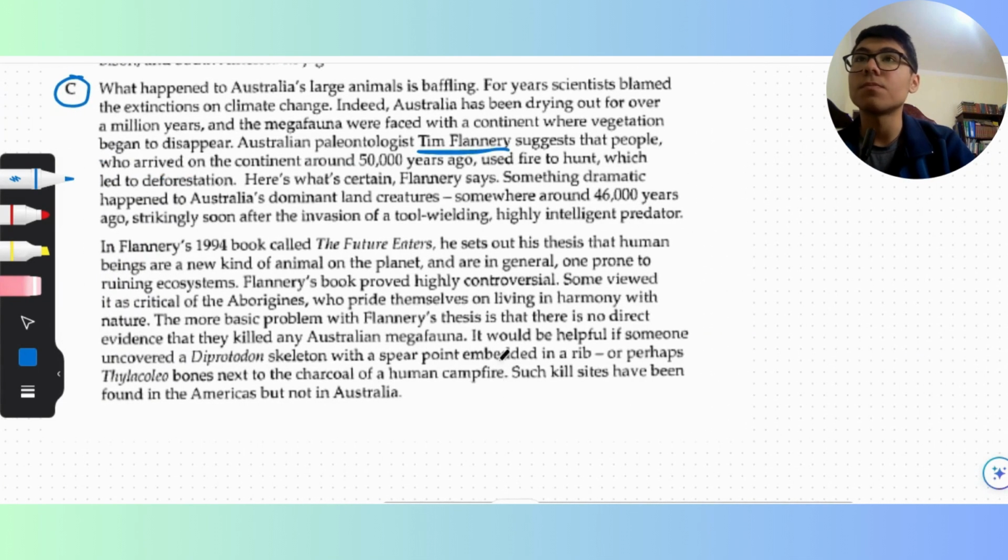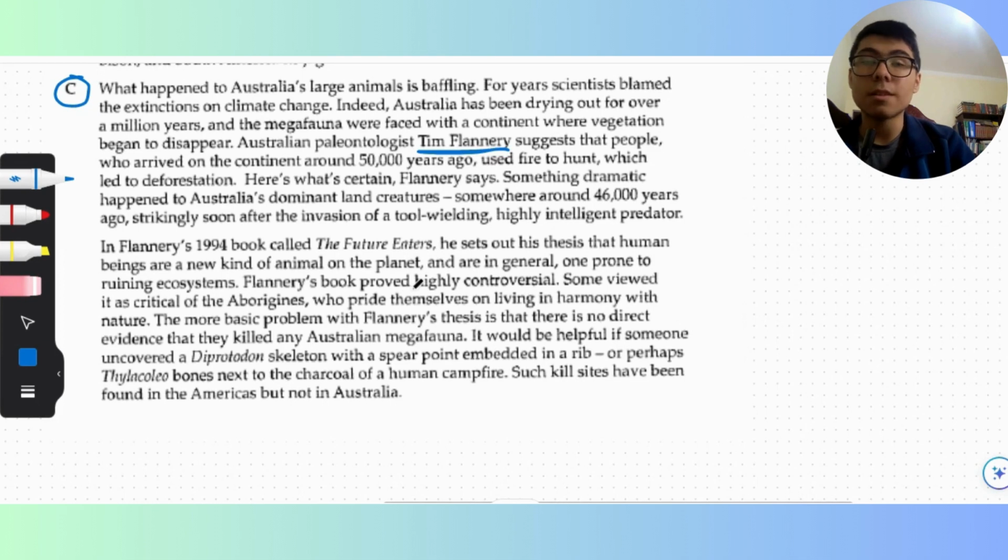In Flannery's 1994 book called The Future Eaters, he sets out his thesis that human beings are a new kind of animal on the planet and are in general prone to ruining ecosystems. Flannery's book proved highly controversial.